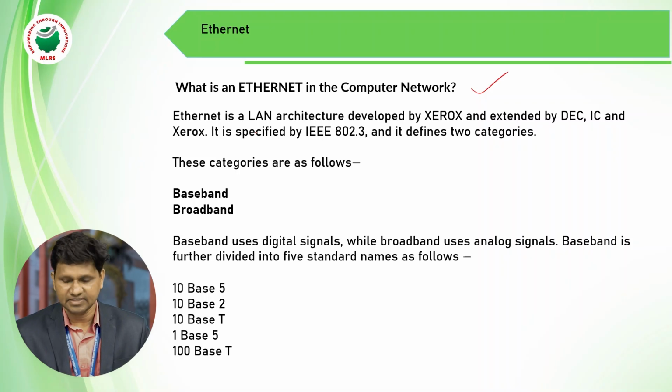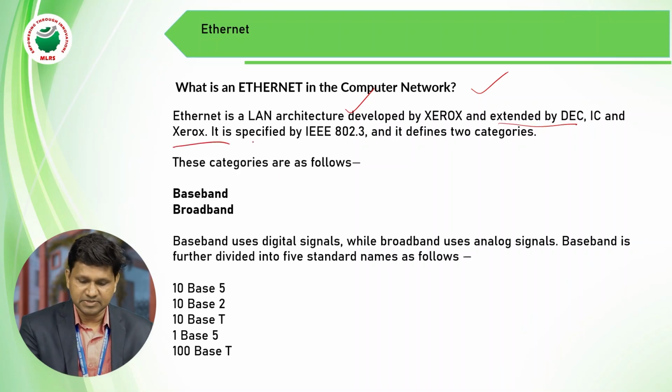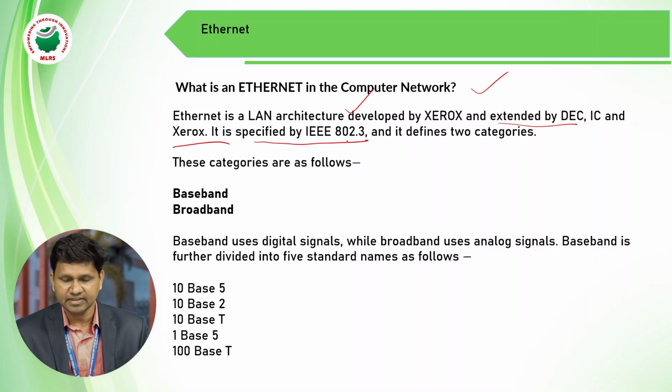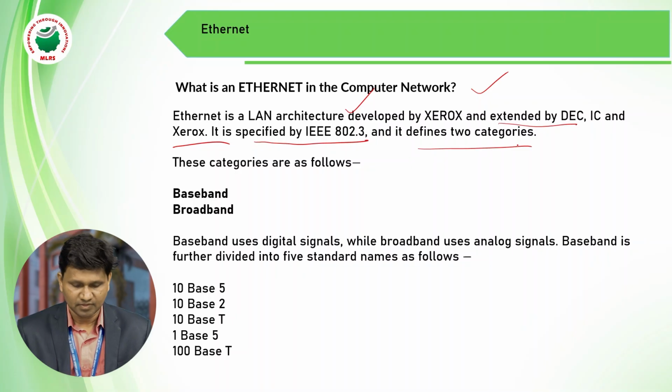Ethernet is a LAN architecture developed by Xerox and extended by DEC, Intel and Xerox. It is specified by IEEE 802.3 and it defines two categories: first one is baseband, second one is broadband.